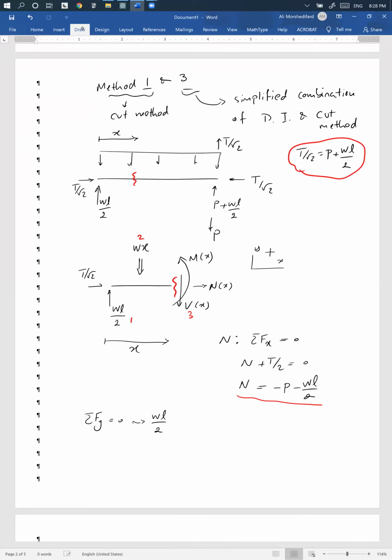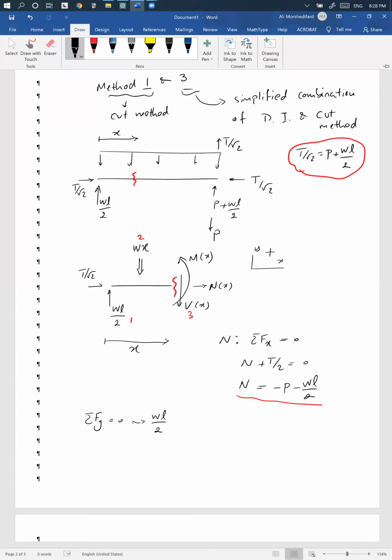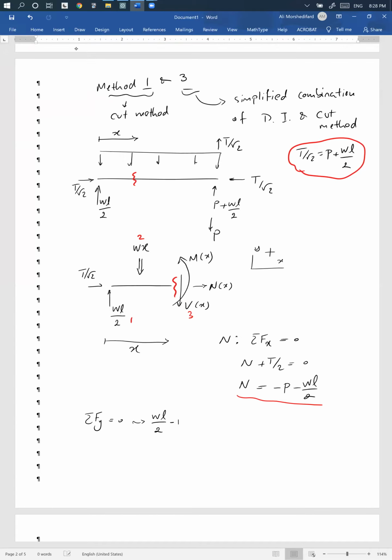These are the three forces that I have in the Y direction. Minus Wx minus V should be 0. So V is Wx minus WL over 2. That's it. I got V.